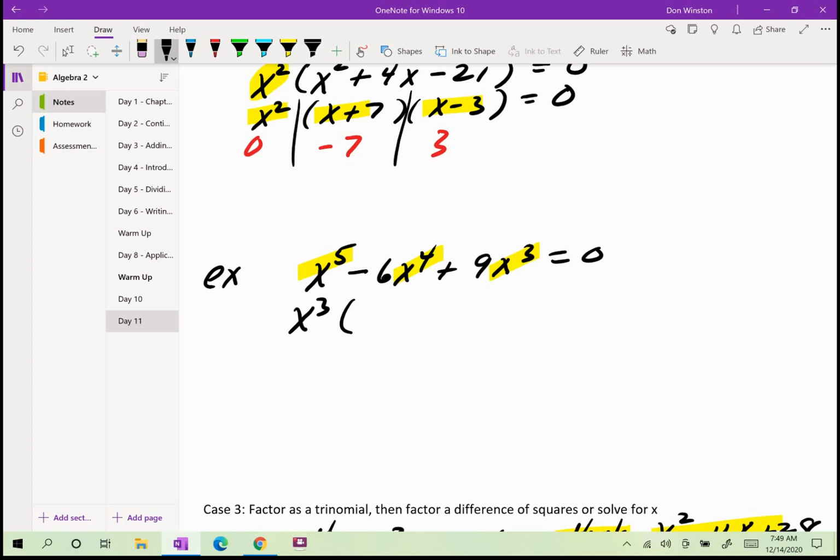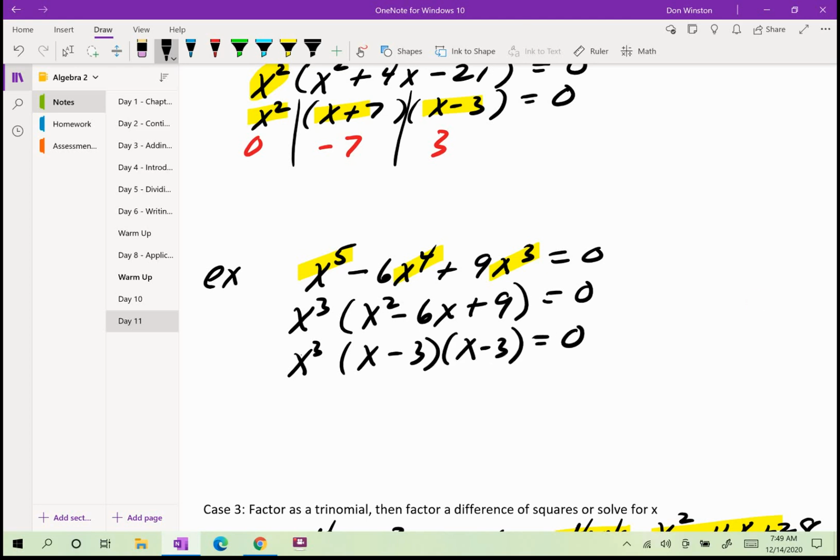And what's left over is x squared minus 6x plus 9 equals 0. And so I'll factor x squared minus 6x plus 9. Factors of positive 9 that add up to negative 6, that would be x minus 3. This is a perfect square trinomial.